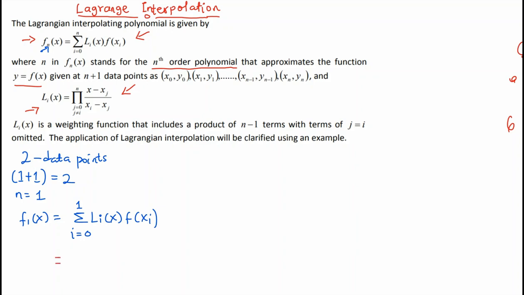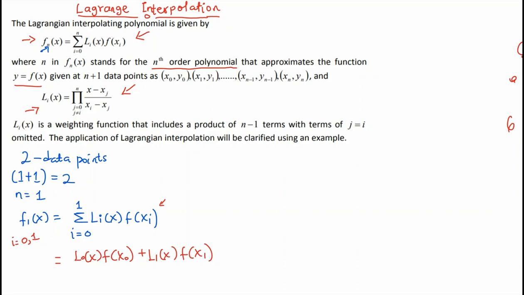We know the values of i will be 0 and 1. Expanding this, we have L0 of x multiplying f of x0, plus L1 of x multiplying f of x1. So this will be the first order polynomial function that we are going to use in this case, where we have two data points.